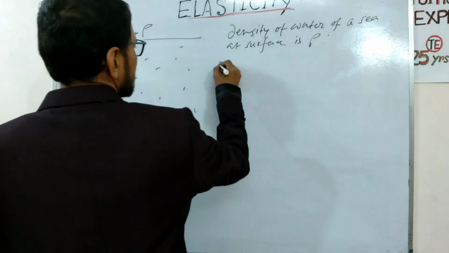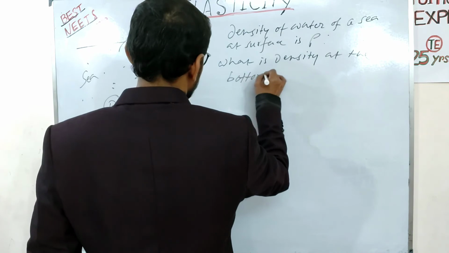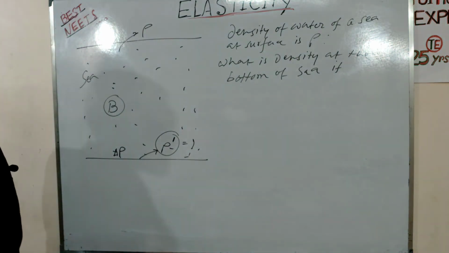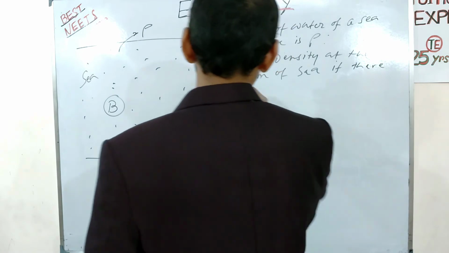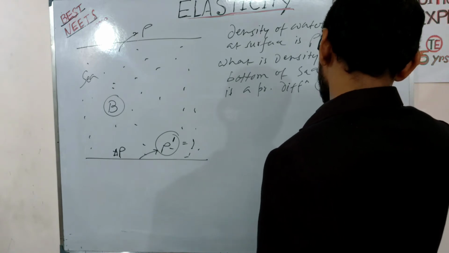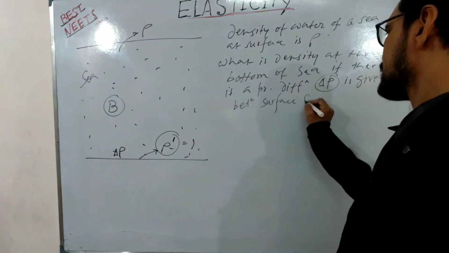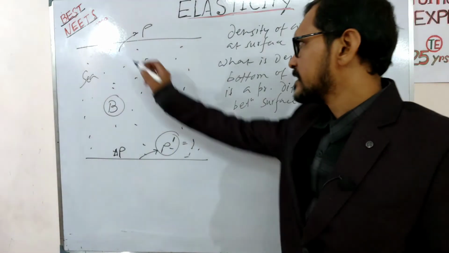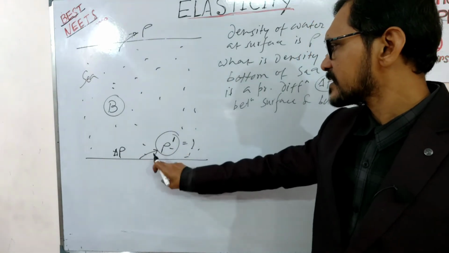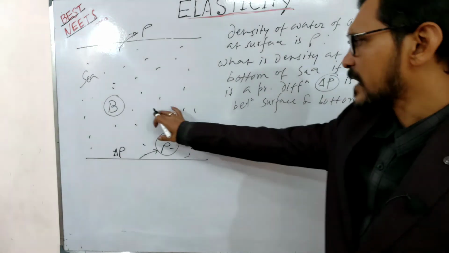The bulk modulus is B. What is the density at the bottom of the sea if there is a pressure difference del P between the surface and the bottom? The bulk modulus of water is given.